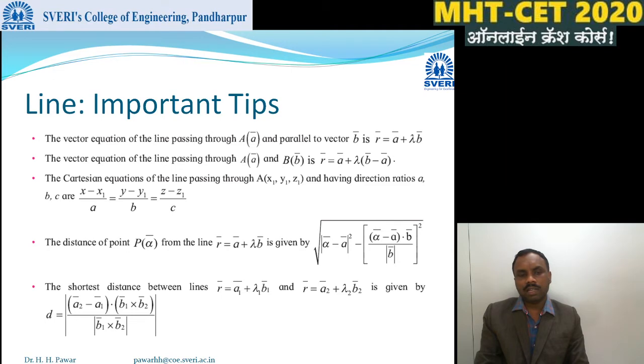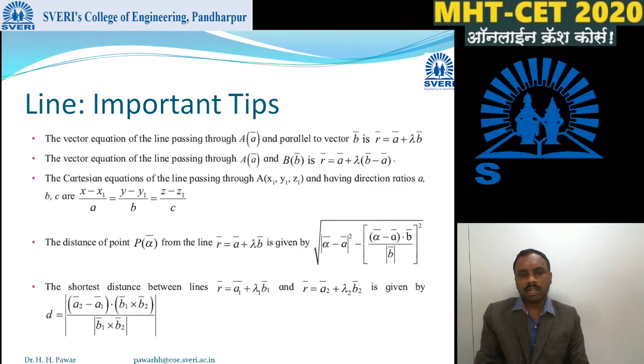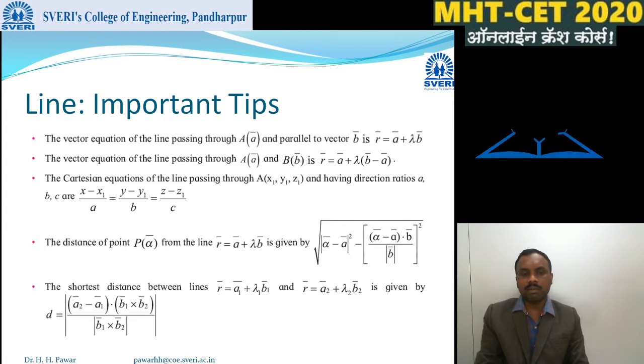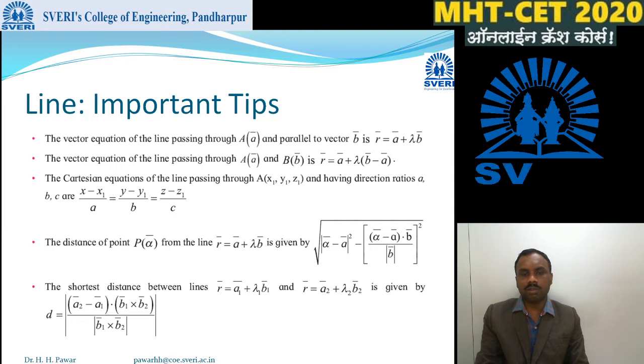Next one, the Cartesian equation of the line passing through A (x1, y1, z1) and having direction ratios a, b, c is given by (x minus x1) divided by a equal to (y minus y1) divided by b equal to (z minus z1) divided by c.